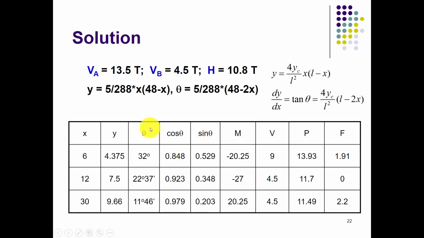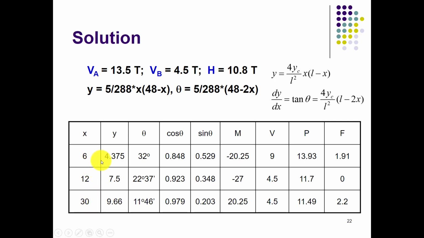So these are the reaction forces: vertical reaction at A, vertical reaction at B, and horizontal reaction. These equations are used to calculate the amount of theta at different points, and this parabolic equation is used to find out the value of y. So we take the sections at 6, 12 and 30 as suggested in the question.